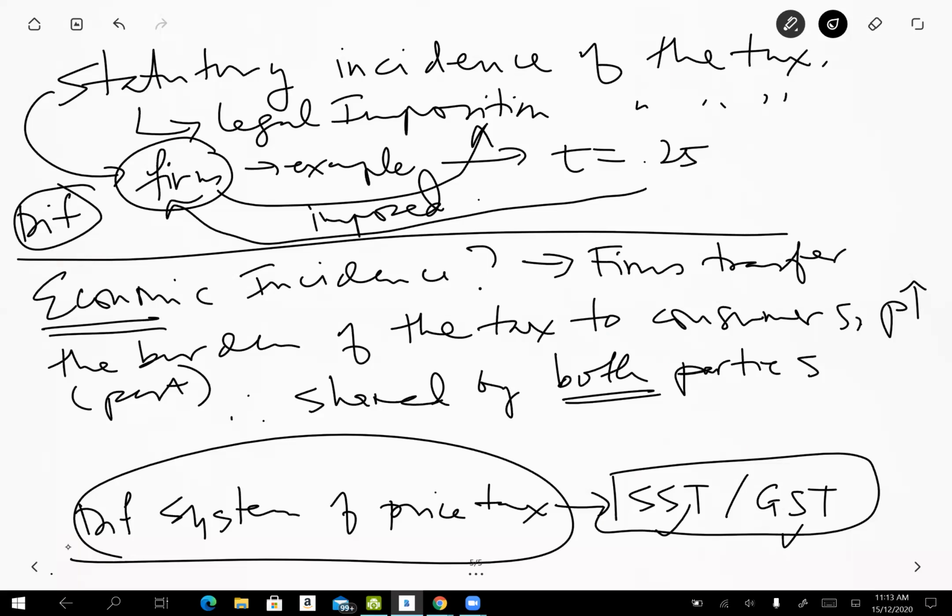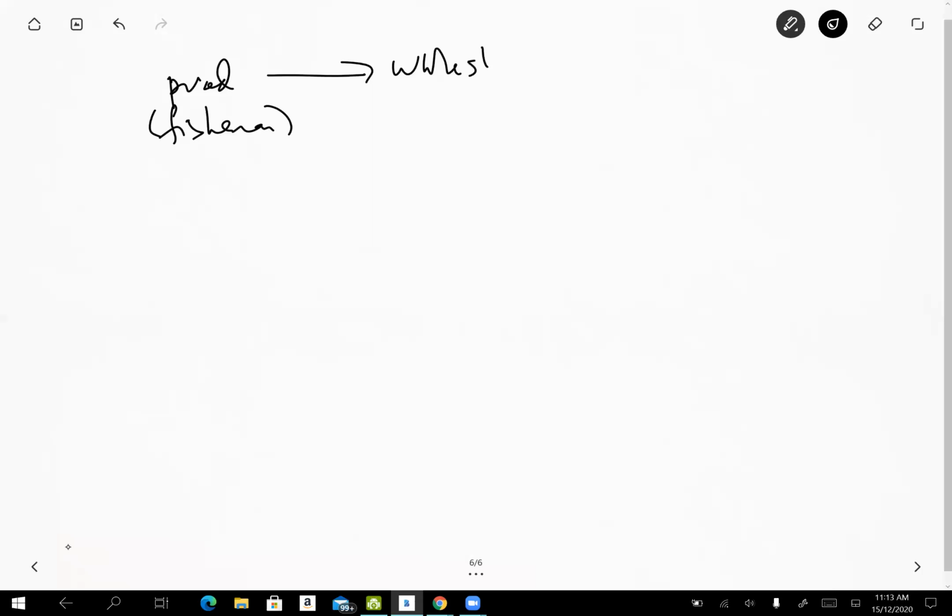In the secondary market, let's say between the retailers and the wholesalers and the producers, it will not be taxed, because you have many levels of market. You have here the producers, say the fishermen, with the fish. You go to the wholesalers, the middlemen. And then the middleman will sell to whom? To the retailers.